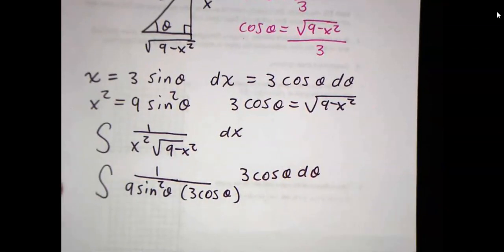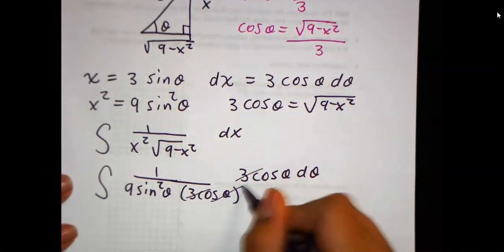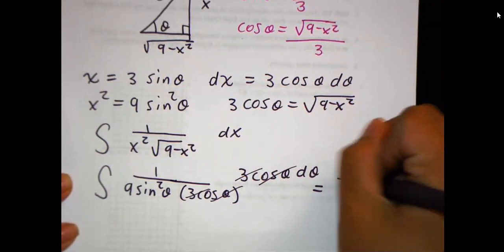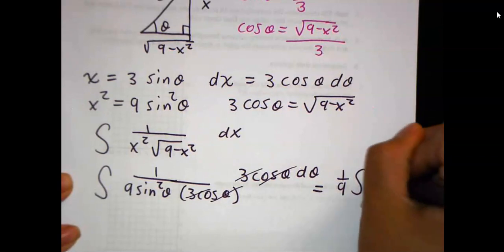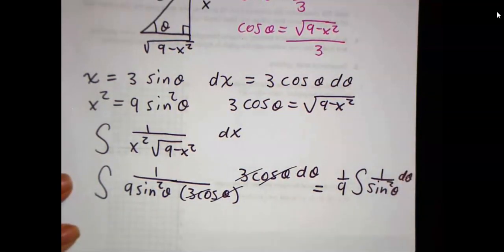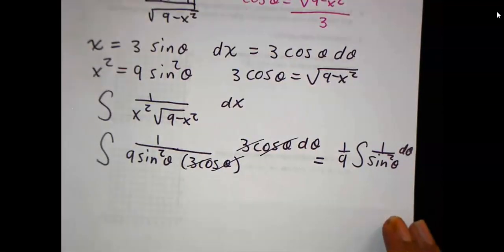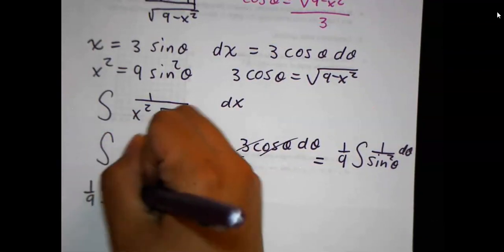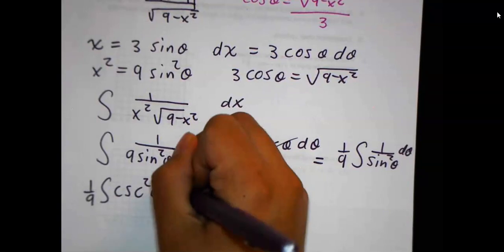So what happens here in this case? The 3 cancels, cosine cancels, and it simplifies to, taking out the 1/9, 1 over sine squared theta d theta. Well, that could be rewritten as 1/9 times the integral of cosecant squared theta d theta.